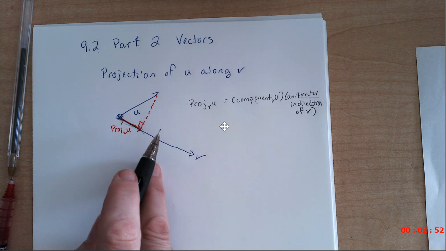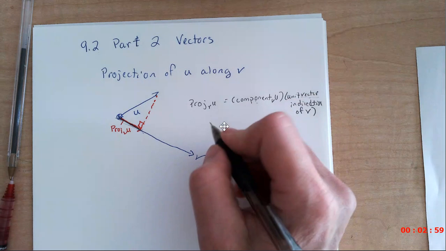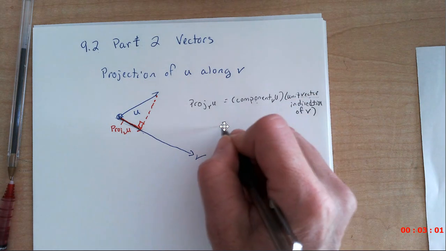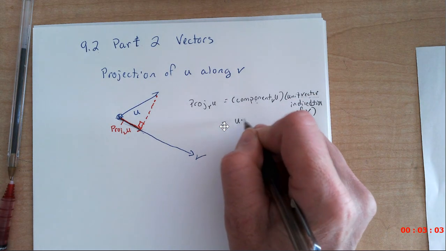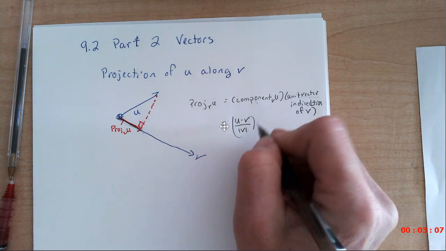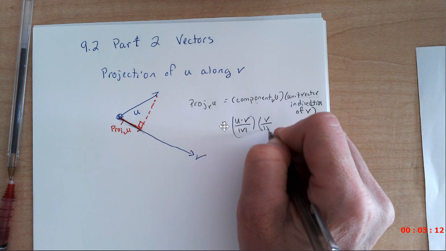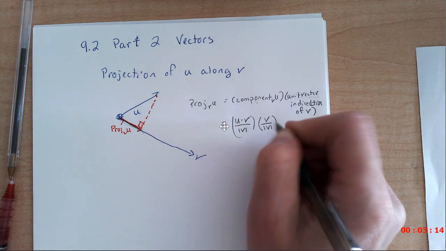So now let's simplify that to be an expression that we know how to evaluate. So remember that the component of u along v is u dot v over magnitude of v. So that's this part. And then a unit vector is the vector divided by its magnitude.